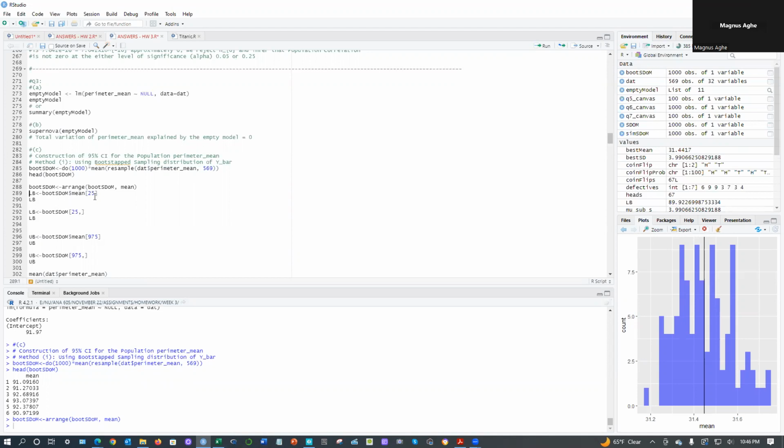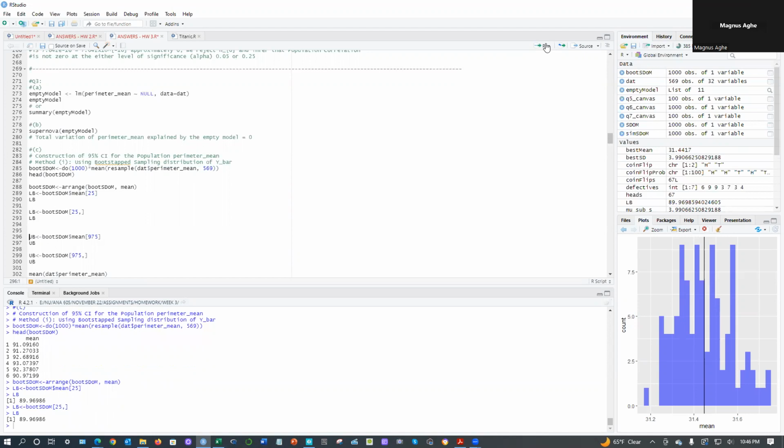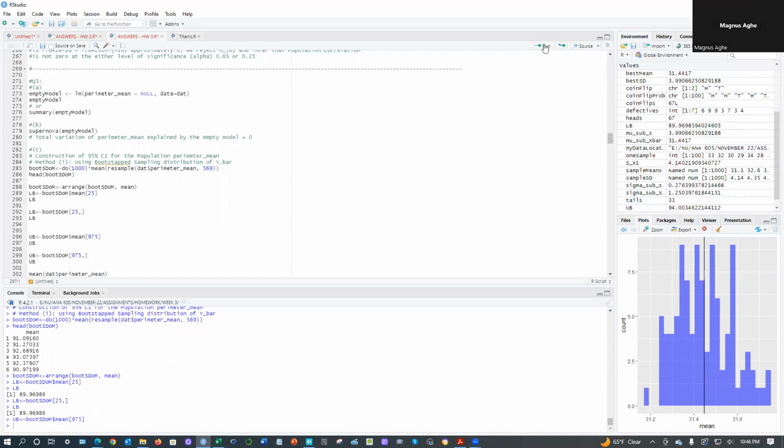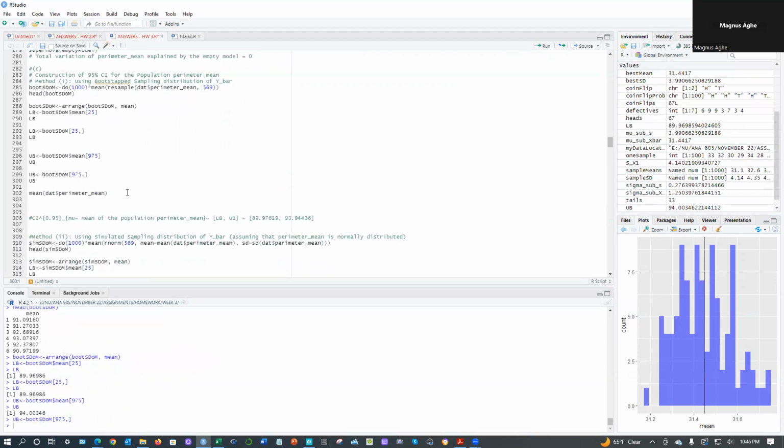If you go to the mean, you don't have to put a comma. Or if you go straight to the data frame of the bootstrap distribution, it's pretty much the same thing. And the upper bound the same way. There are two ways you can get that. It's coming from the same place.